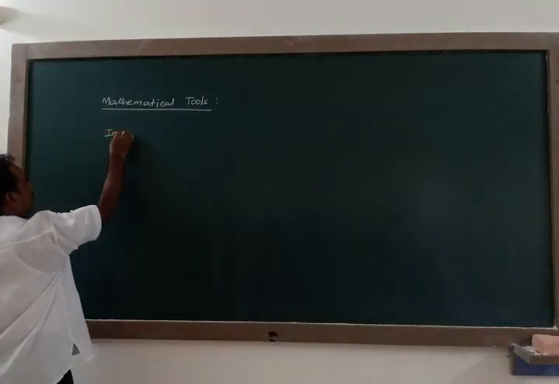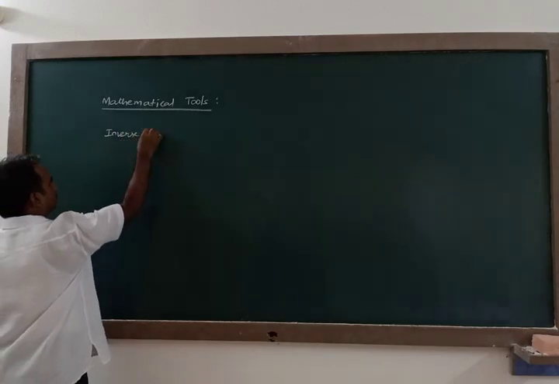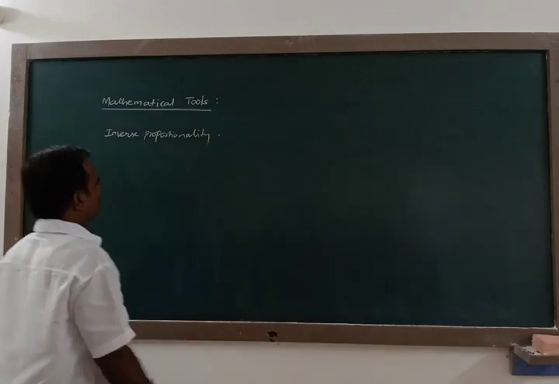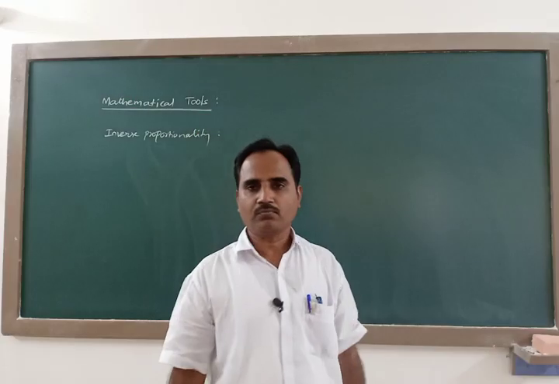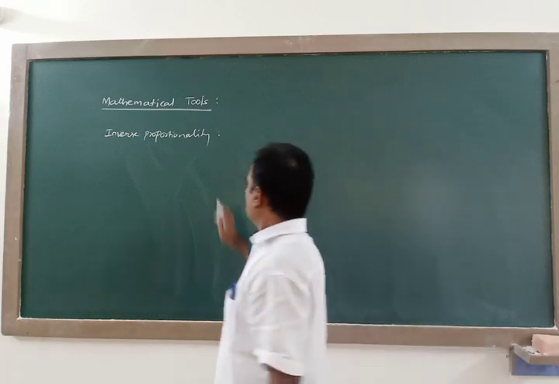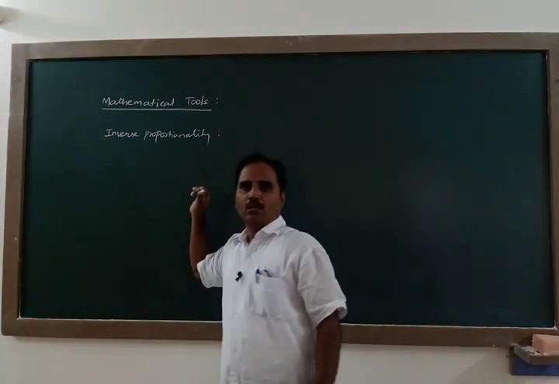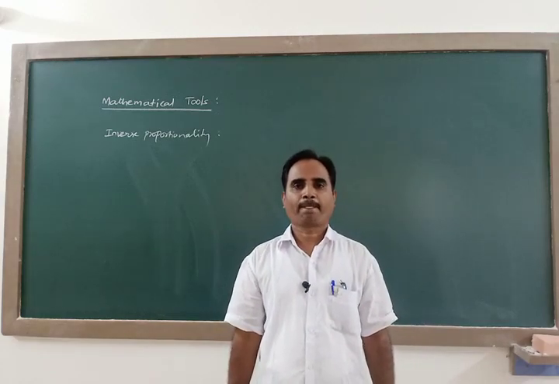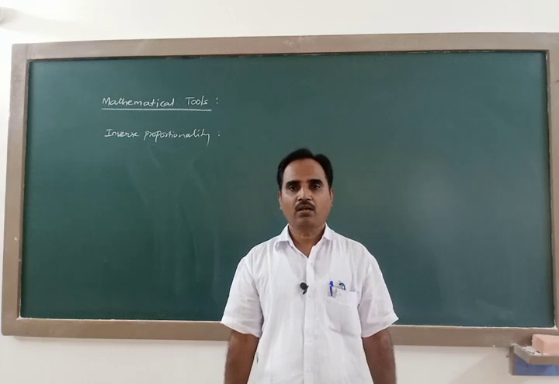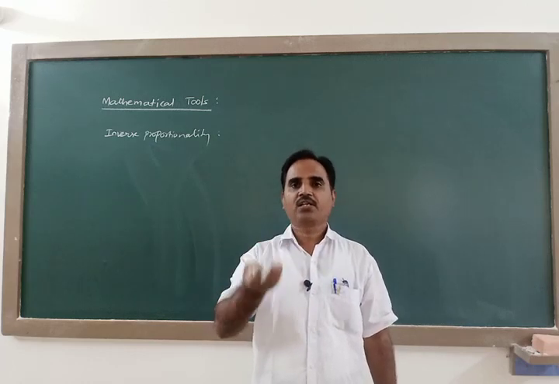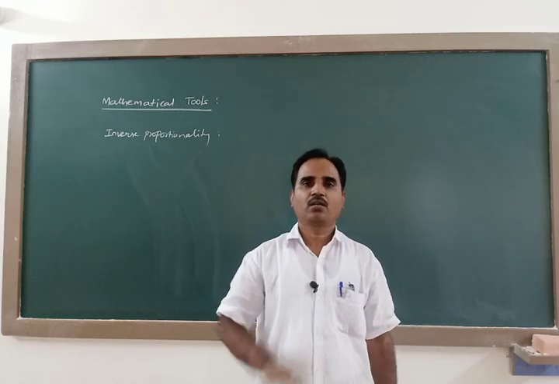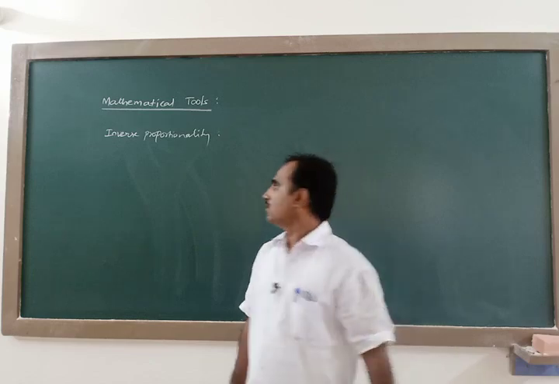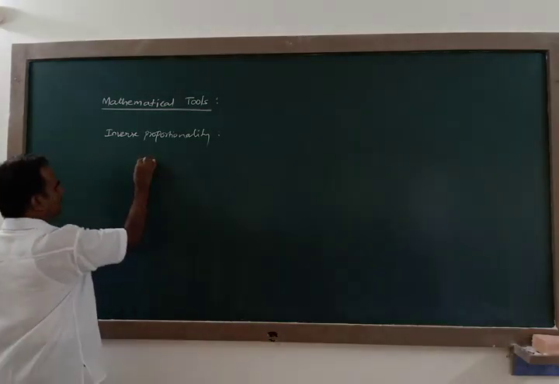The second thing is inverse proportionality. So here quantities are said to be inversely proportional when one quantity increases, the other decreases proportionately, that means by a constant factor. So here also I take two quantities x and y.